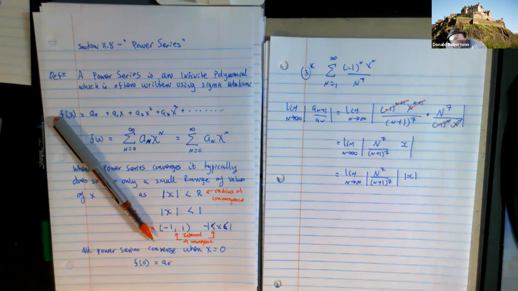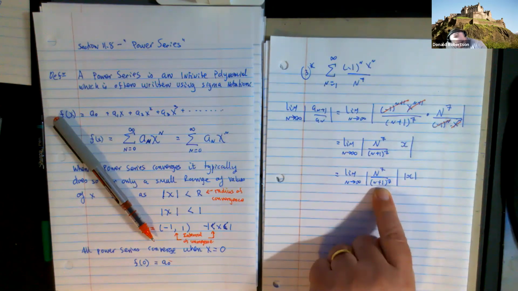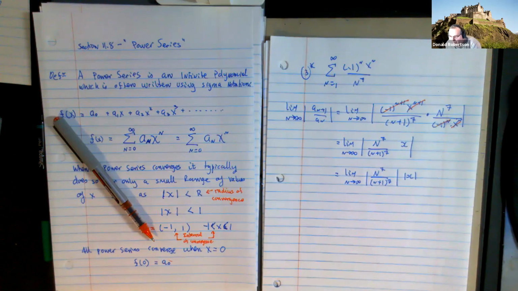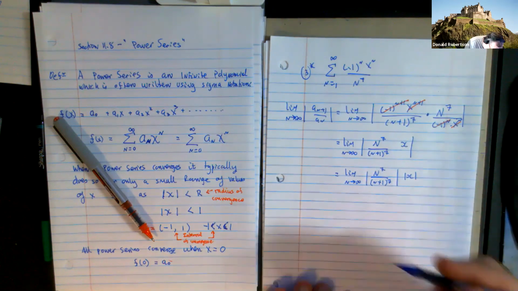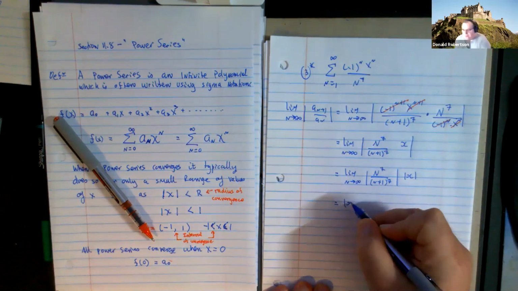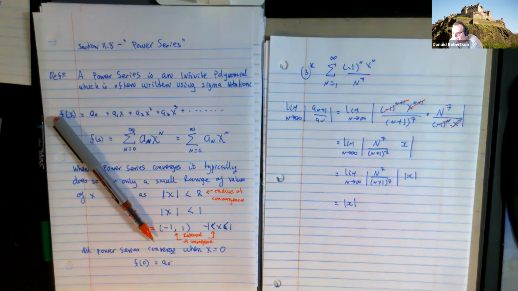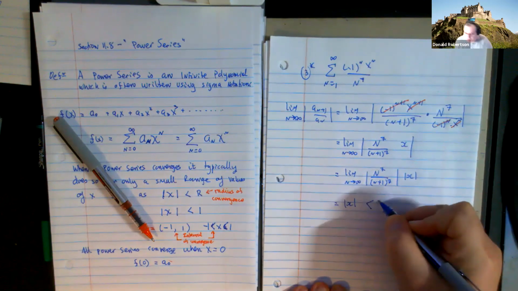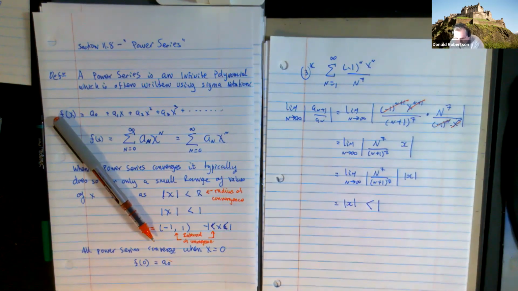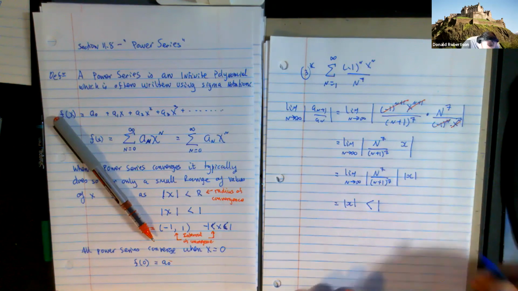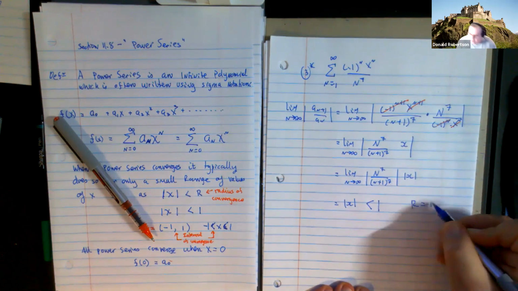But just looking at it, can you make a reasonable guess at what that limit is? 1. Yeah. So, quite boringly, we get that guy again, which means it converges if it's less than 1. So I now have my radius of convergence.